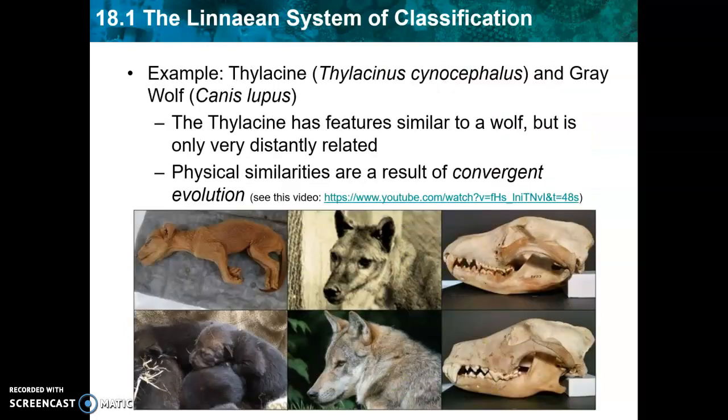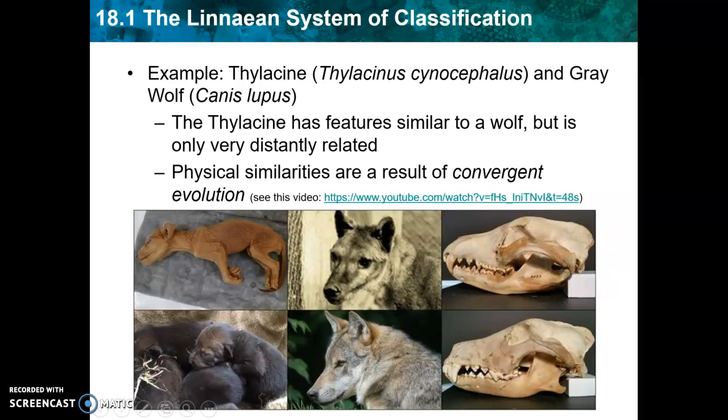Another example would be the thylacine. The thylacine is actually a marsupial. It's a pouched mammal, as opposed to the wolf, which is a placental mammal. So they are very distantly related. However, if you look at the thylacine, which is shown across the top here, versus the wolf shown across the bottom, very similar shape.